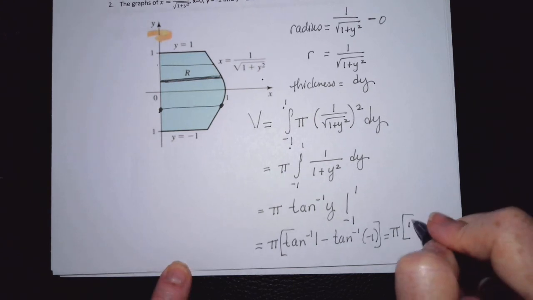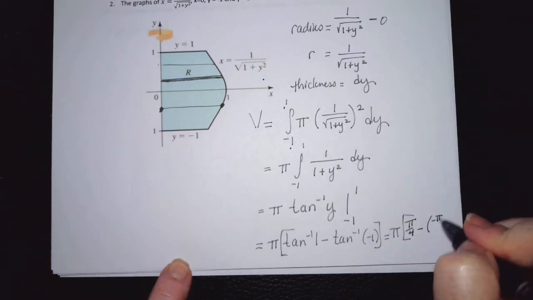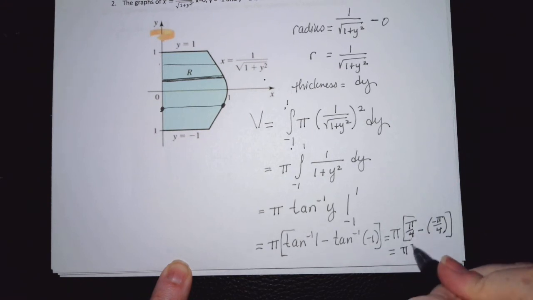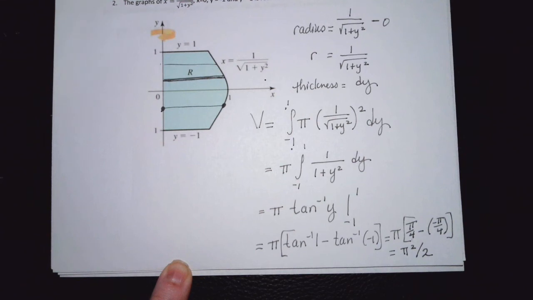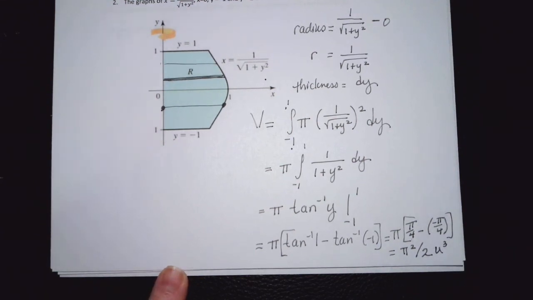So that's pi/4 and the arctangent of -1 is negative pi over 4. So we have 2 pi over 4, which is pi over 2 times pi, which is pi squared over 2 cubic units in this case. That U is just to represent, I don't know if this was meters, centimeters, millimeters, whatever, but whatever it would be cubic units.